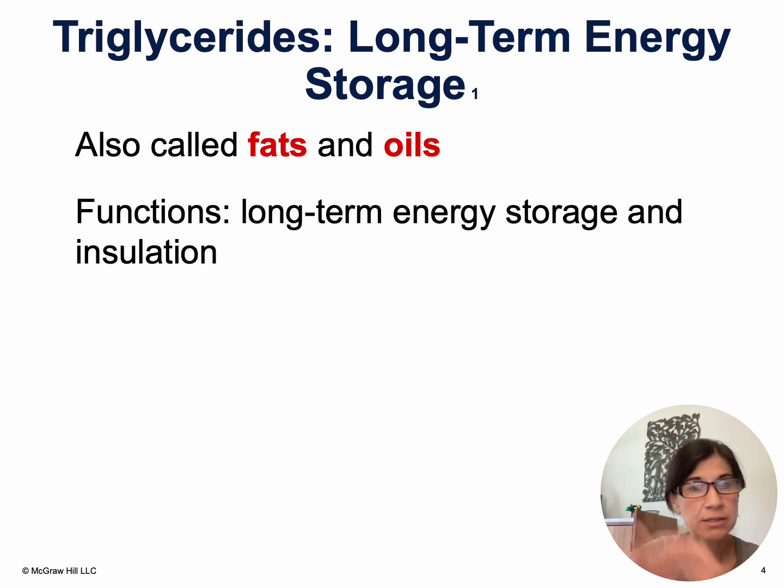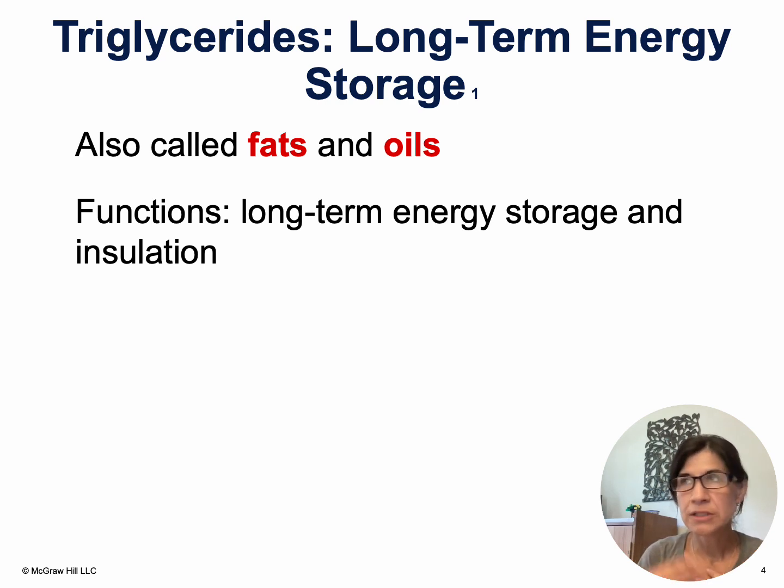So a triglyceride is the larger lipid, and it's going to be made up of the subunits, the building blocks. A common term that people use to talk about triglycerides are fats and oils. Both fats and oils function in living things to store energy. So if you have a lot of fat on your body, you could use that fat as energy.